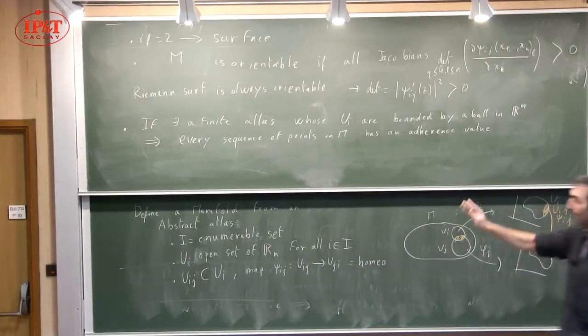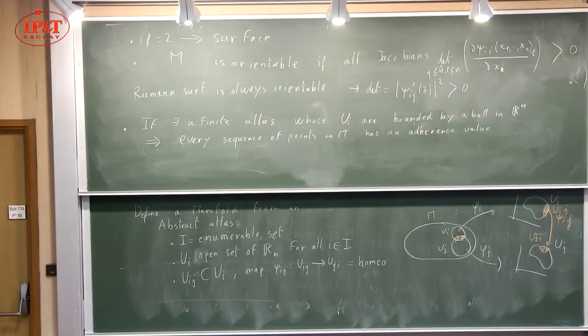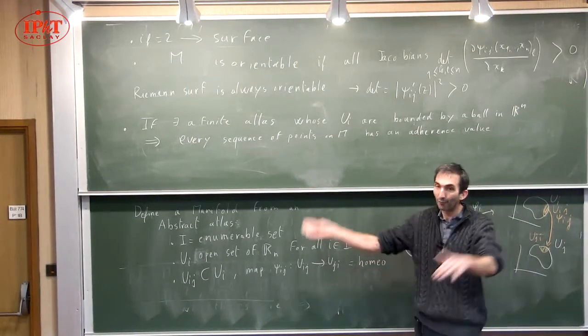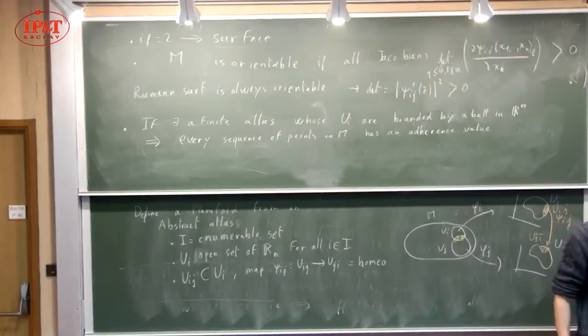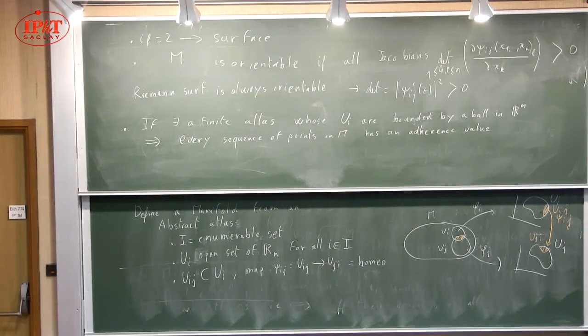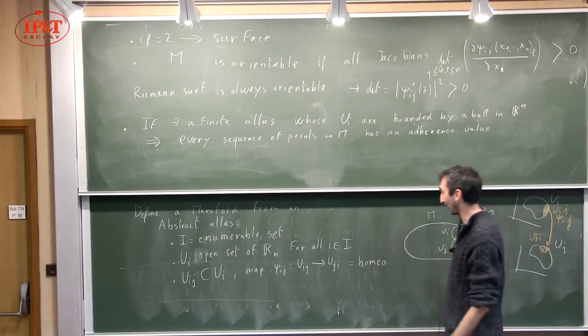So depending on the kind of manifold I want to define, I can choose it continuous, C infinity, analytic, and so on. What I mean by homeomorphism is taken in the good class, so either C infinity or analytic. So for our case, it will be analytic for Riemann surfaces.